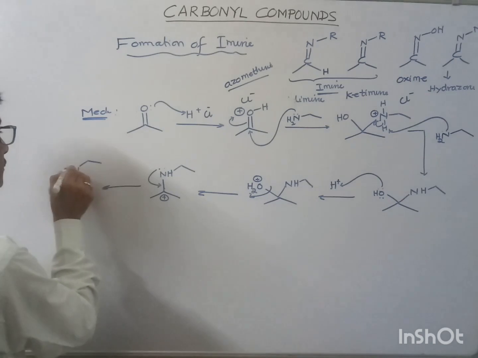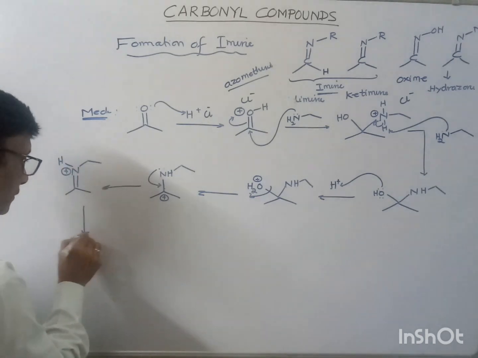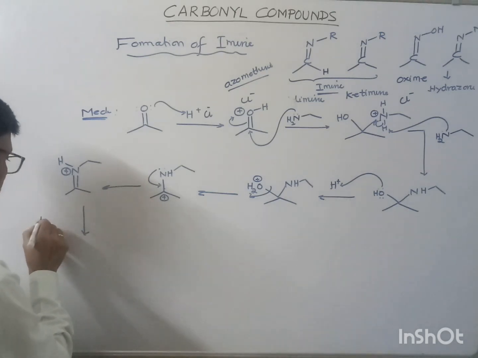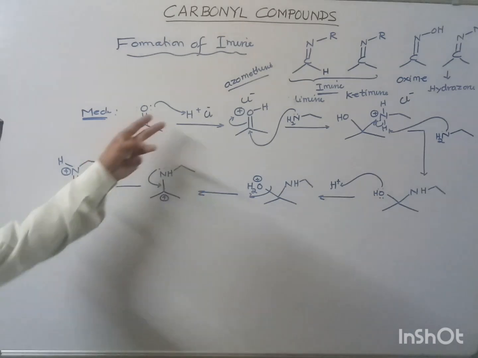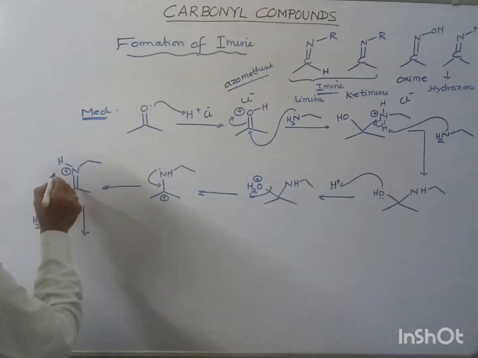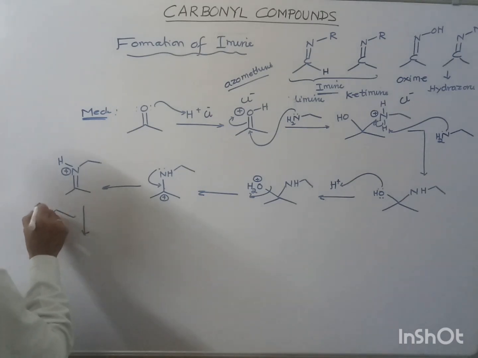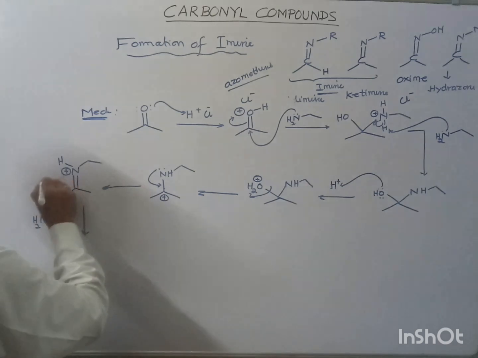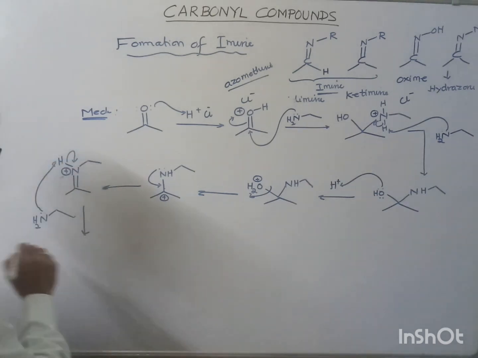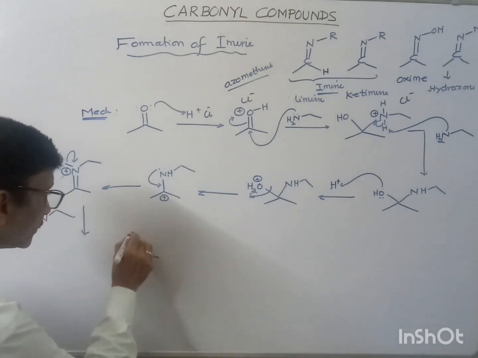Now again we have a base. A primary amine will act as a base now, and it can take this proton. The positive charge is neutralized, and you will have an imine now.